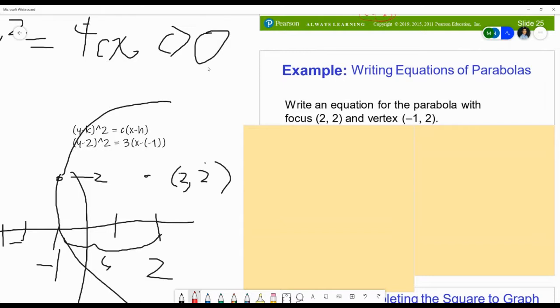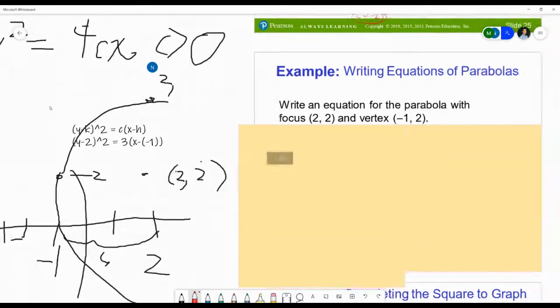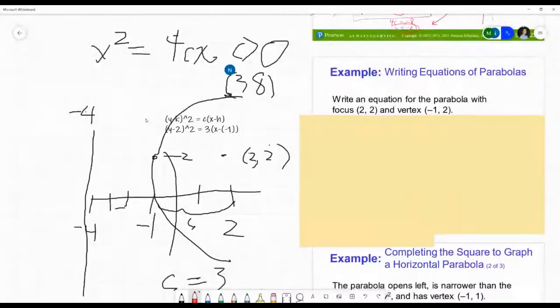So then this is plus 5 plus 6 equals 8. 2 minus, so -4.